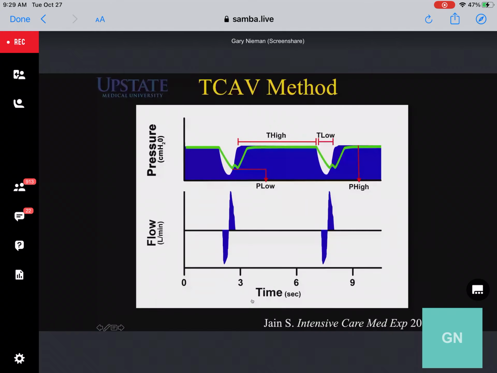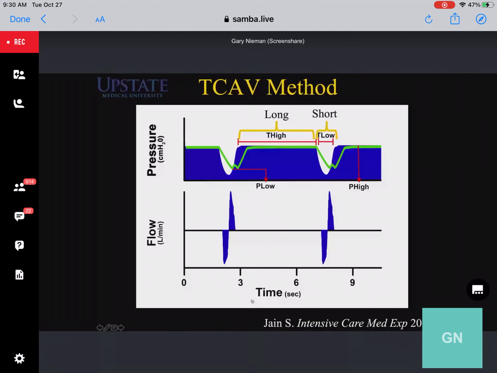So just a quick refresher of what an APRV or a TCAV-adjusted APRV mode would look like. We have a pressure and a flow curve over time, and we have a very extensive T-high. So again, we want an extended time at inspiration to recruit those viscoelastic alveoli, and we have a very short time at expiration, in an attempt to not give those viscoelastic alveoli time to collapse.